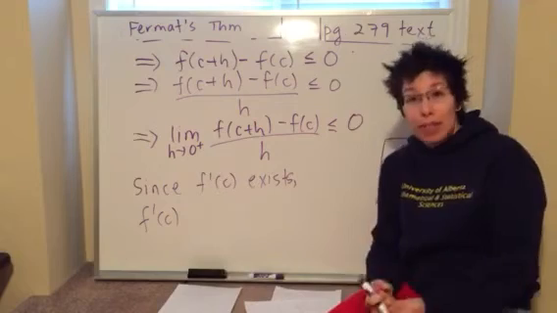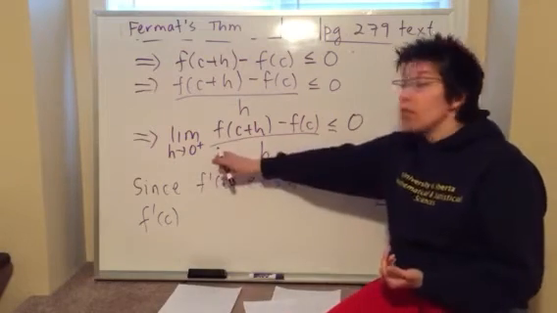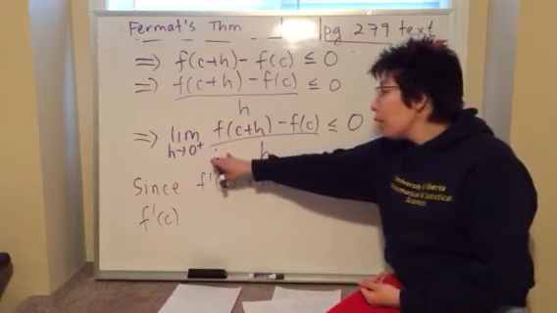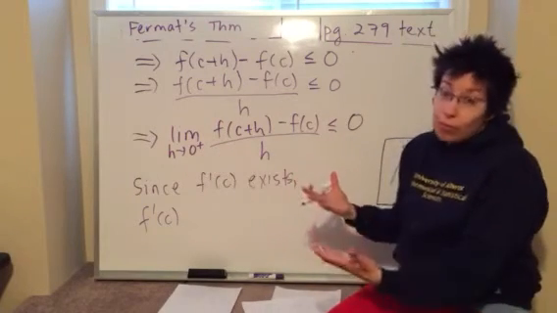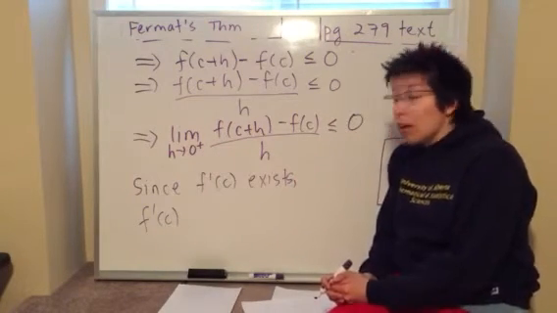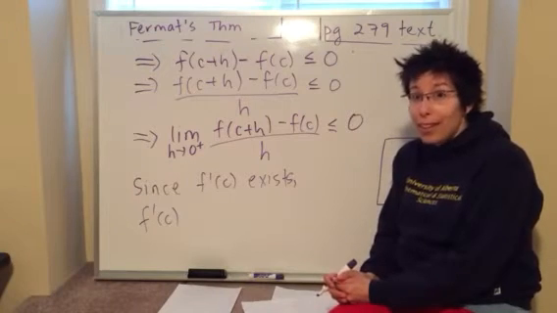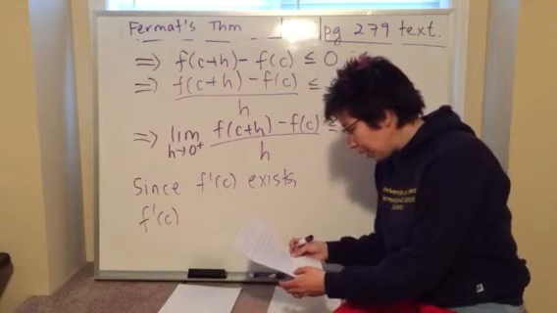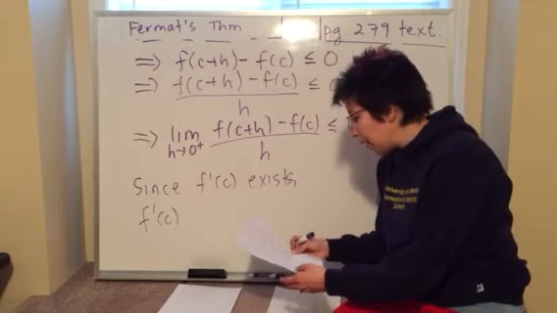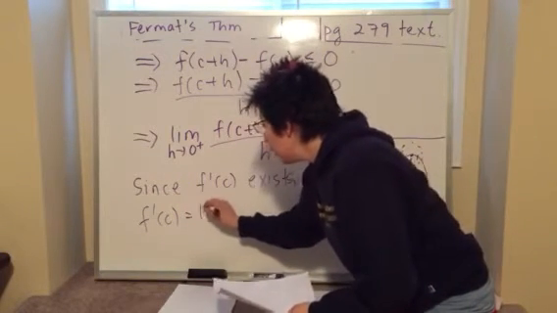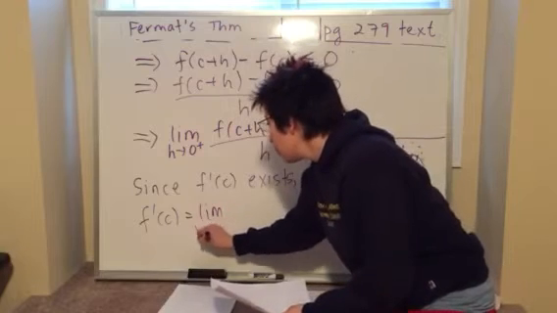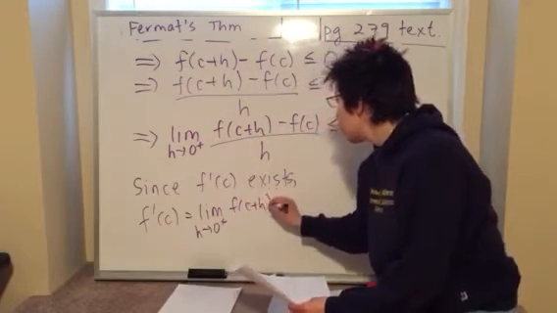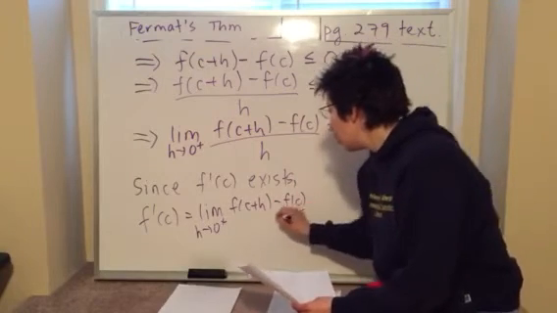But if a derivative exists, it's equal to its right-hand derivative, and it is equal to its left-hand derivative. So this being the right-hand derivative, it's a different way of writing the derivative if you do know that it exists. So f prime at c is equal to the limit as h approaches 0 from the right of f at c plus h minus f at c over h.